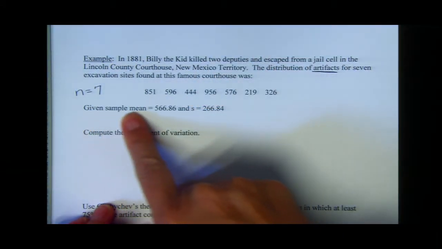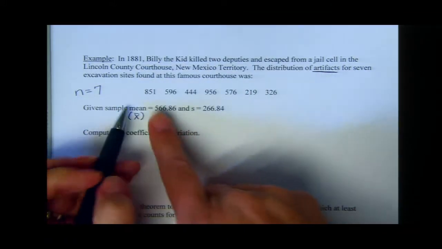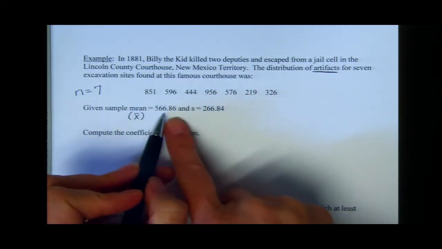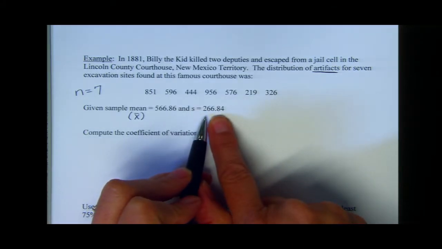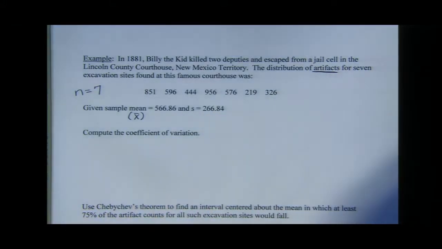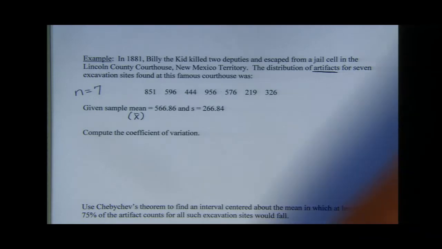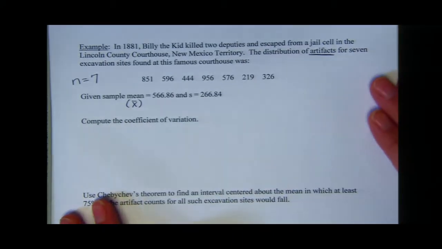Now, given the sample mean, which is known as x bar, they added these up and divided by 7, and then it went ahead and found the sample standard deviation for us as well. So this says to compute the coefficient of variation, and I need these 2 numbers in order to do that.